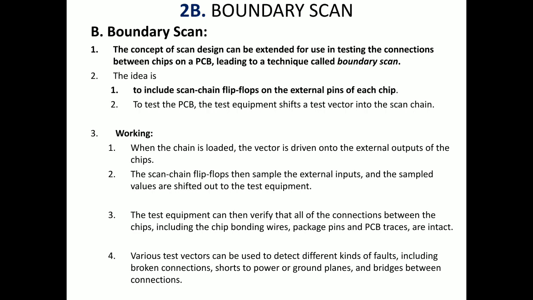The boundary scan came into existence after the JTAG. Earlier, JTAG was used to test the ICs. JTAG is nothing but Joint Test Action Group, which is one of the testing ways of manufactured ICs. The improvement of the JTAG is the boundary scan.